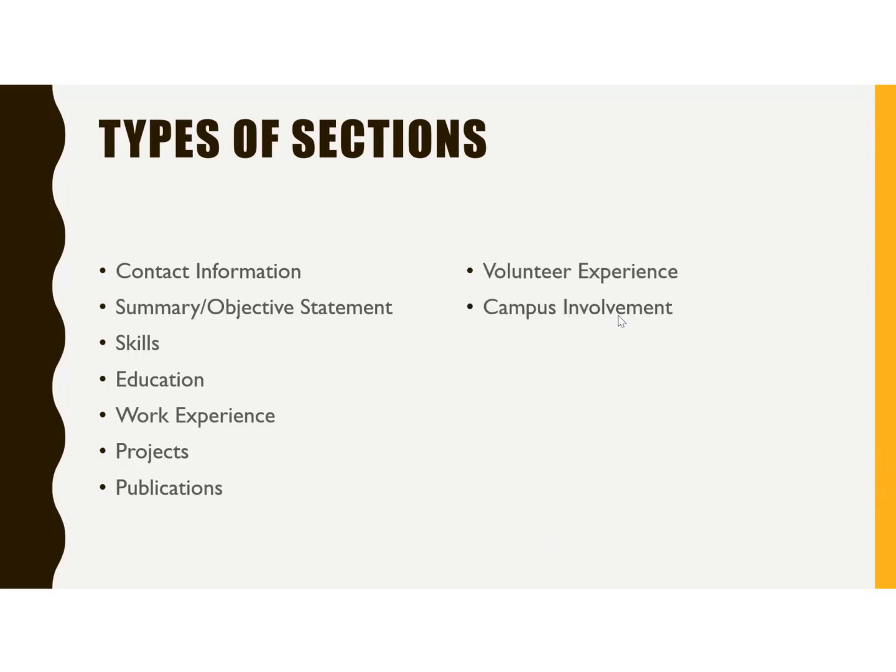Volunteer experience, campus involvement. We talked about awards, maybe honors or scholarships that you were afforded, relevant coursework, and any other section, right? So the key takeaway here that I'd like you to consider is that you can put a section that represents anything you want to list. You don't have to feel bound to certain sections.